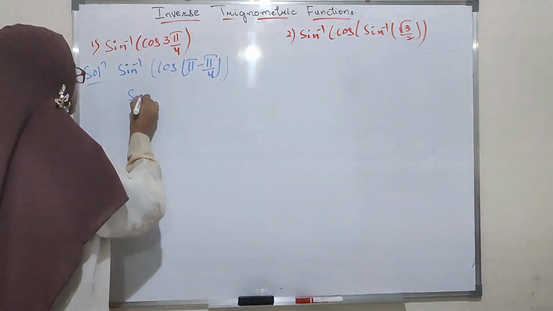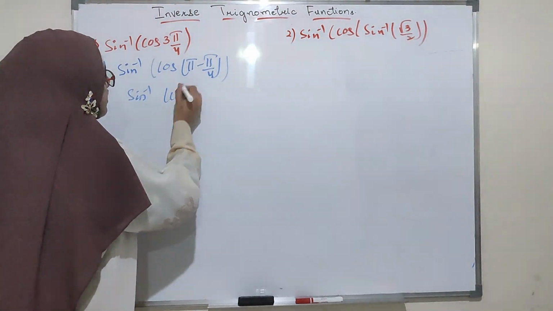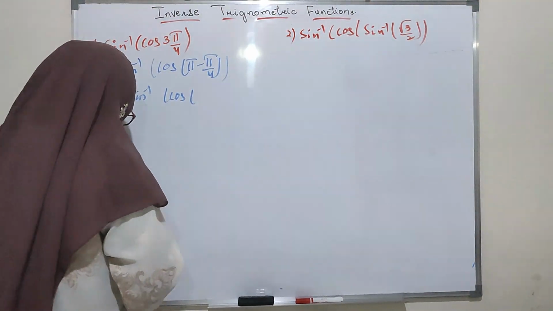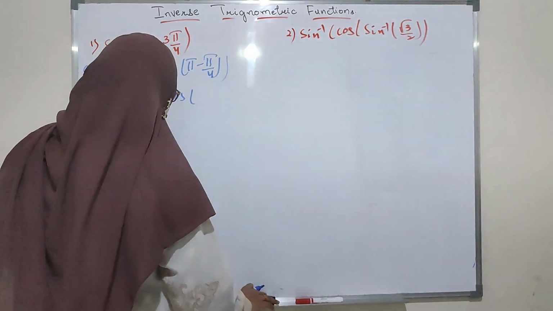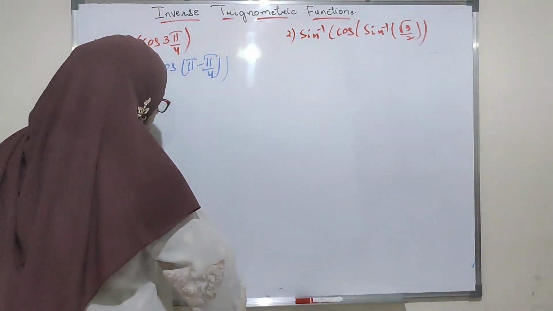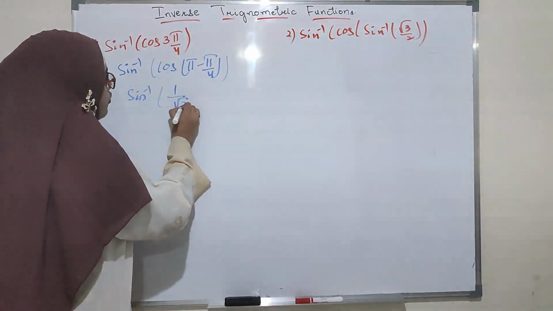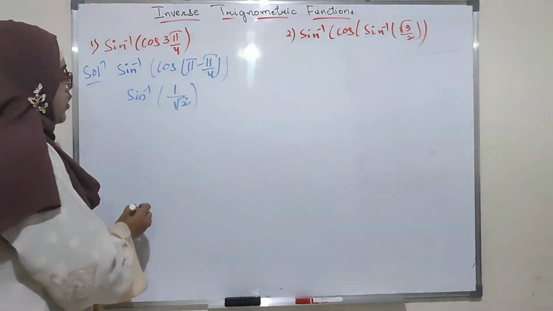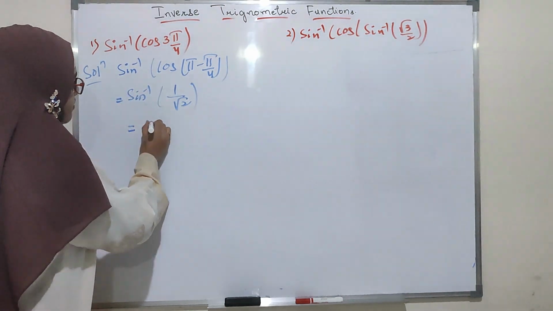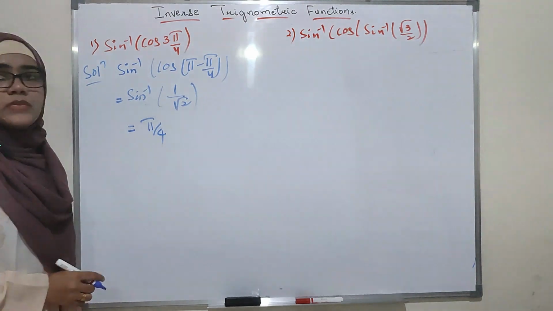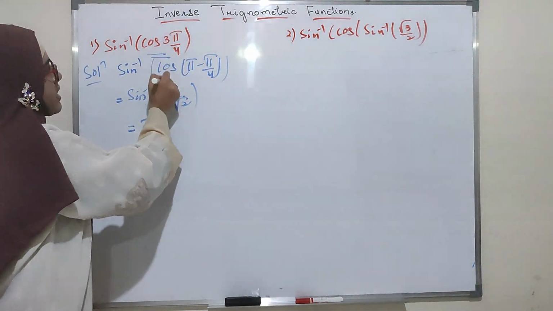So now we can write sine inverse of cos pi by 4 easily. Cos pi by 4 value, you know that it is 1 by root 2. So sine inverse of 1 by root 2 is pi by 4. First we have to solve for this cos of 3 pi by 4.